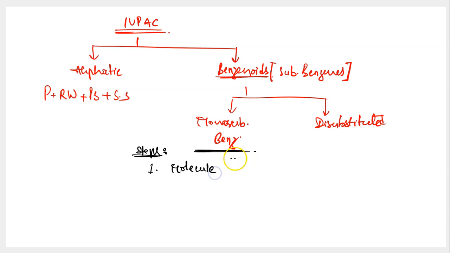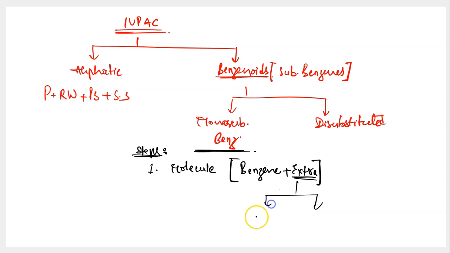You observe what the molecule is made up of. Since you're talking about substituted benzene, the molecule definitely will contain a benzene ring. But along with the benzene ring, there will be an extra stuff, right? There will be an extra substituent. So this extra substituent that you are talking about is what? Is this a functional group or is this a side chain? So you need to identify that.